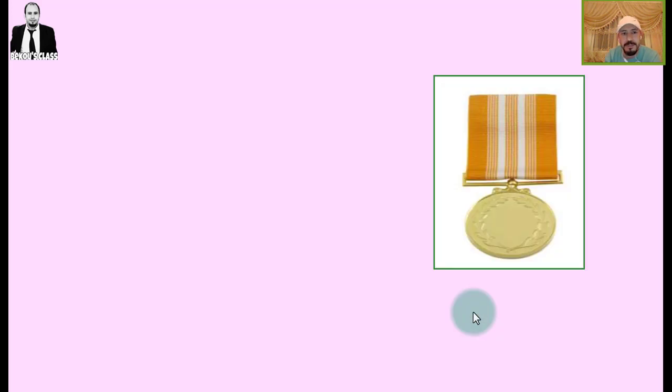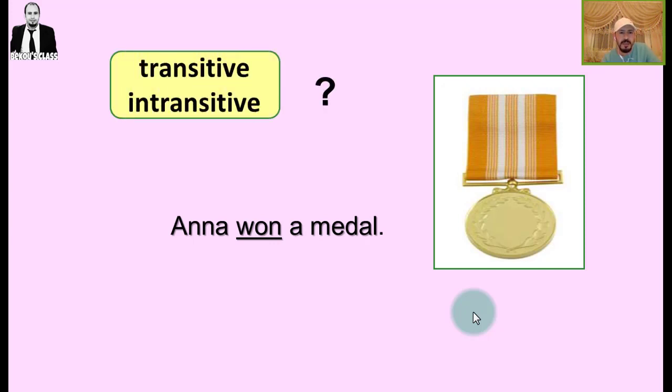Anna won a medal. So look at the verb win. The verb win in the simple past is won. So is it transitive or intransitive? Okay, it is transitive.